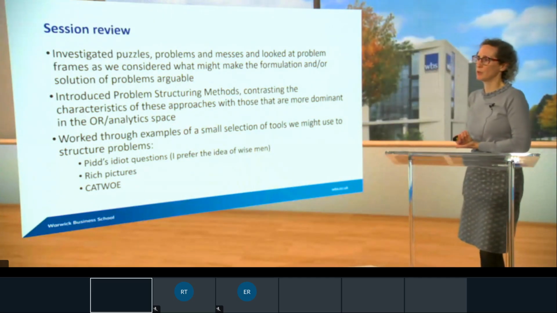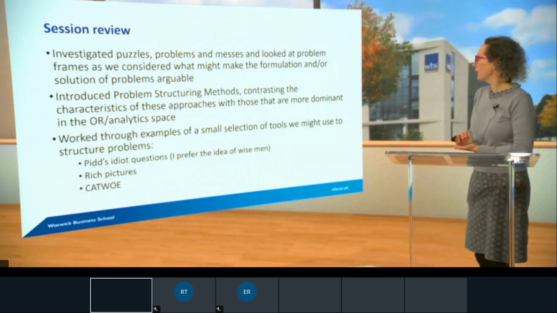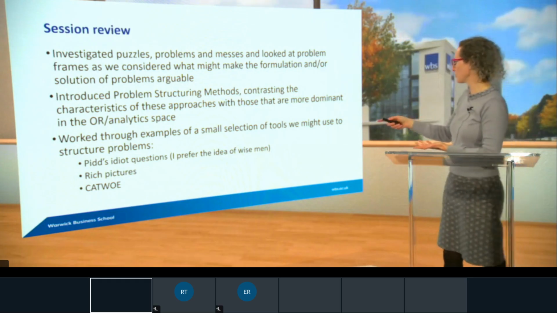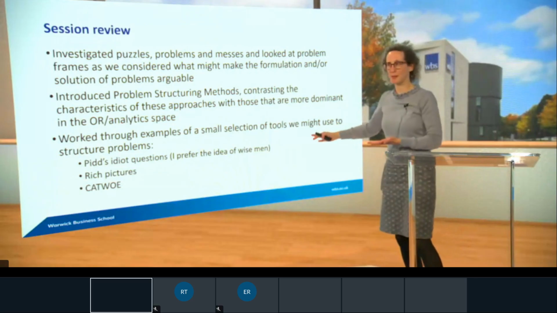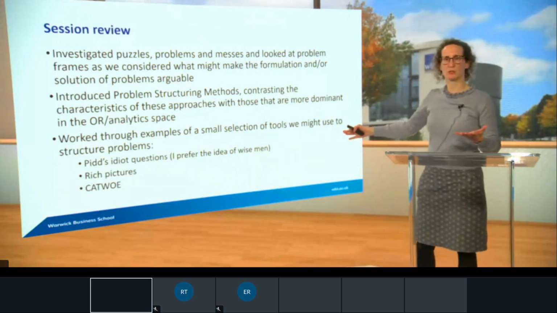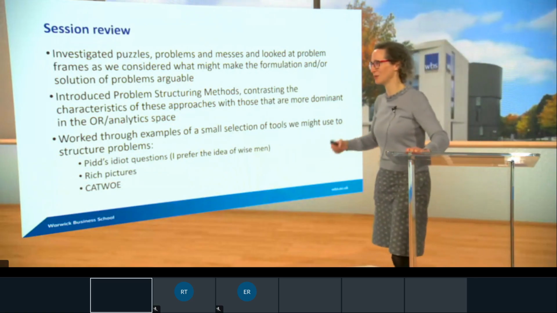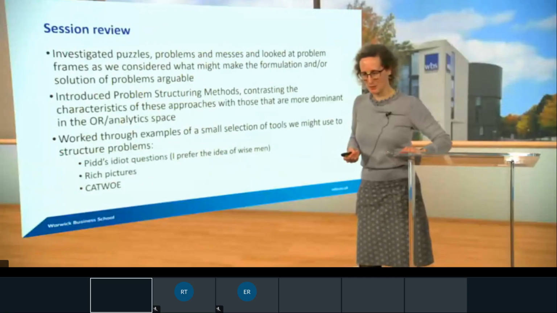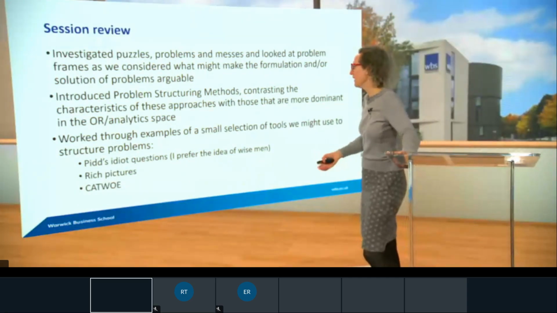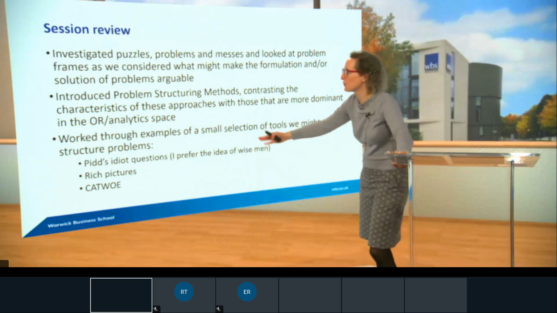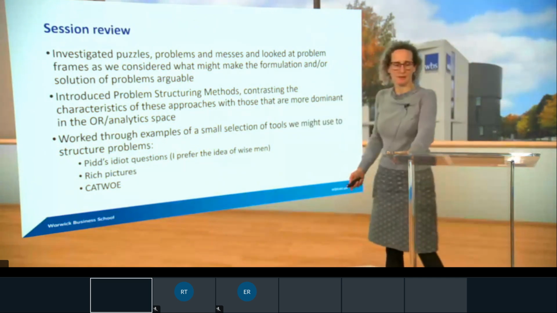We've then worked through examples. So we've looked quickly at PID's idiot questions. I definitely prefer the idea of wise men. You know, there aren't idiot questions, really. We don't want to perceive people as not being intelligent as they ask questions. We've also had a quick look at the rich pictures and the CATWO.